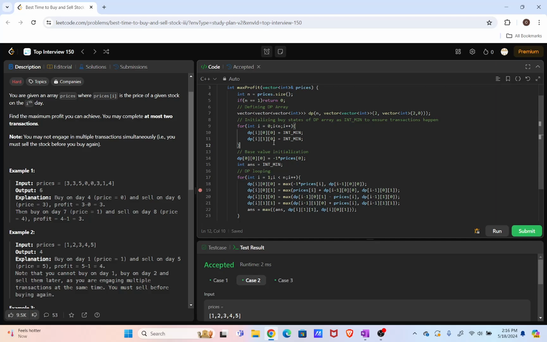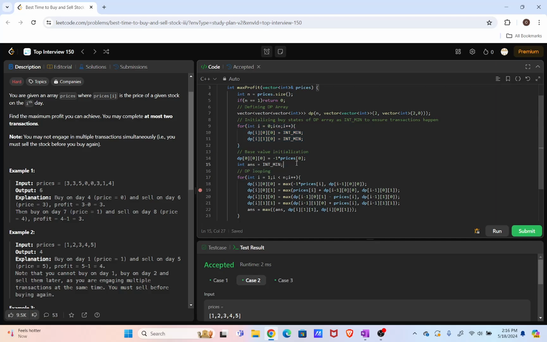Since I am taking the purchases as negative, if I initialize them with 0, transactions will never happen, right? If I take max of something negative and 0, it will be 0. So ultimately we will be returning 0. There will be no transactions at all. So buy states have been defined as int minimum so that whatever negative value we are getting are actually bigger and transactions start happening. That's why this definition is important.